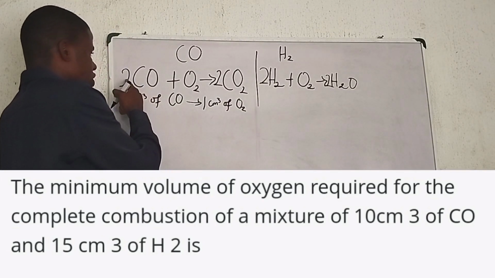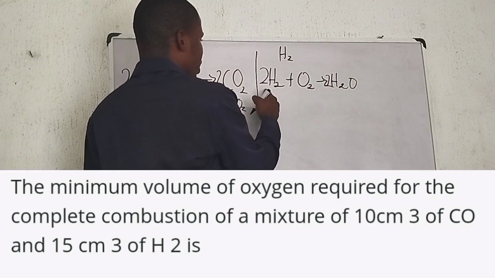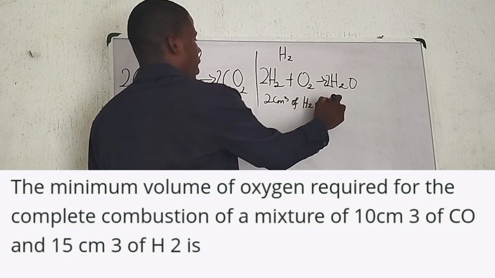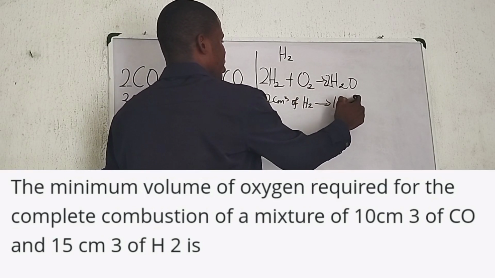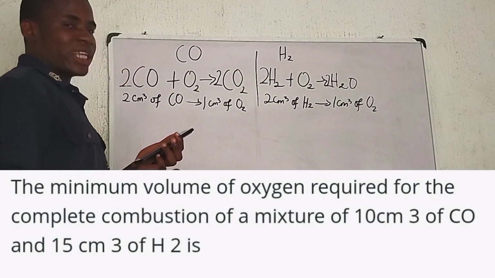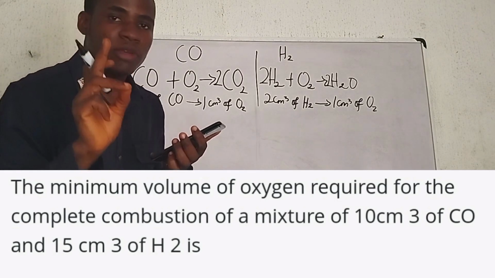Is that true? Because this 2 requires 1 of oxygen for complete combustion. And by looking at this, 2 cm³ of hydrogen requires 1 cm³ of oxygen for complete combustion.